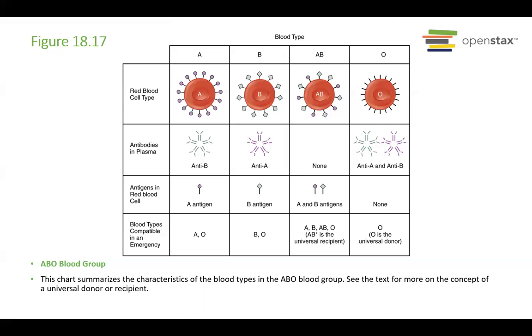So how would rejection of the organ occur? What are we rejecting here? O is a universal donor because it doesn't have glycocalyx, so it doesn't get recognized.